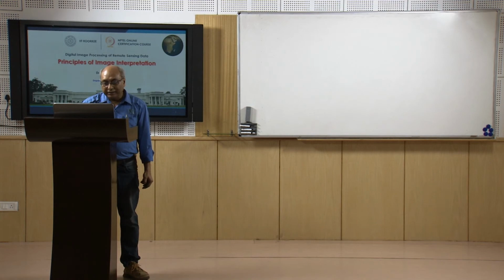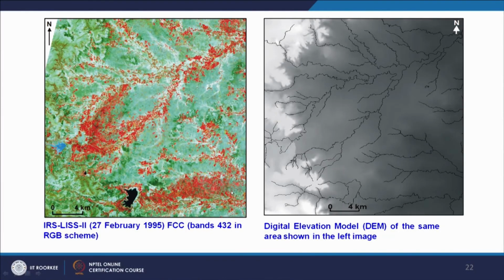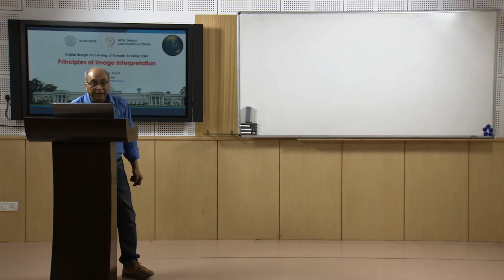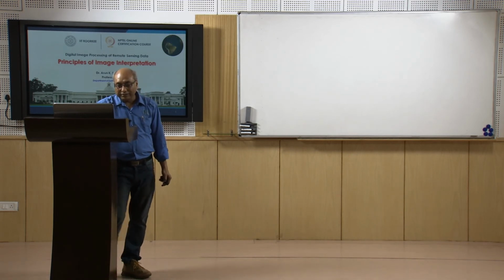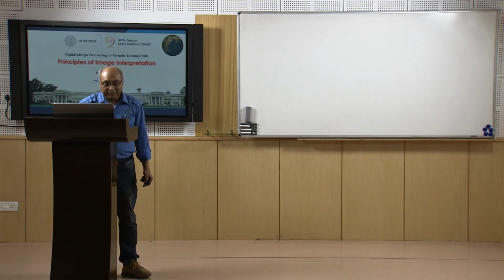Whereas this other reservoir is located on lower ground because it is dark tone. So I am now having the height. Now I can make further interpretations: this reservoir is in blue color, and this reservoir is in black color.